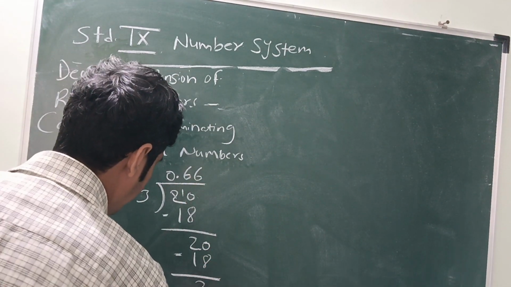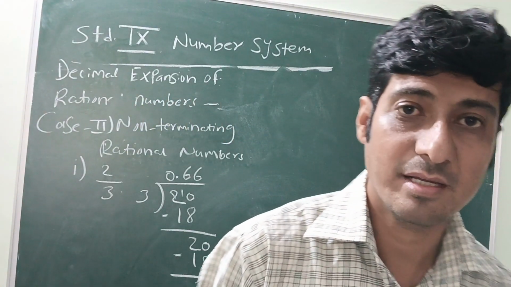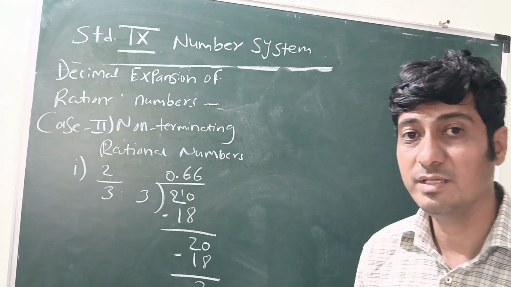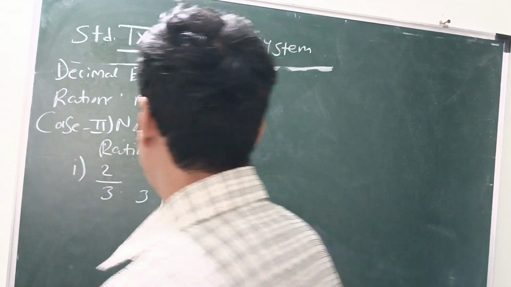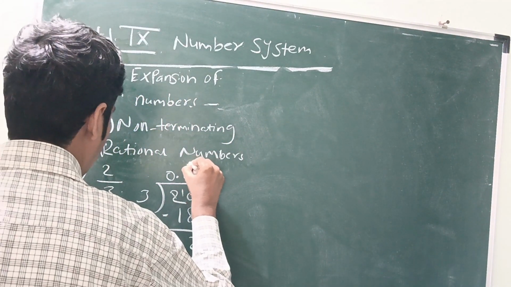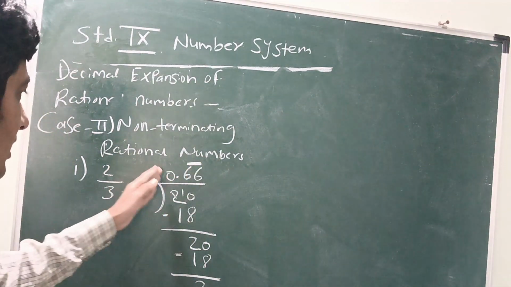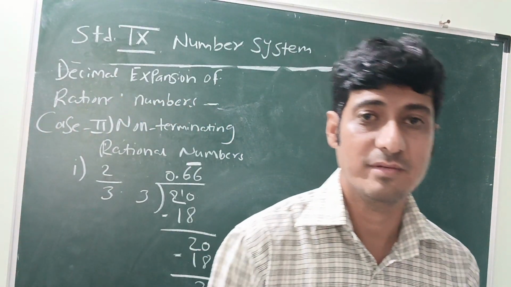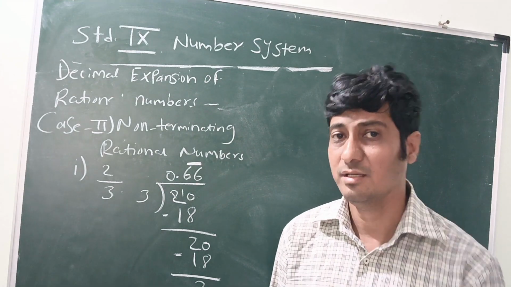Again the remainder will be 2. This remainder will be repeated multiple times. So 66666 will be repeated multiple times. So this 0.6 repeating will be your non-terminating type of rational numbers. If these digits are repeated, then that fraction or that division is known as non-terminating type of rational numbers.